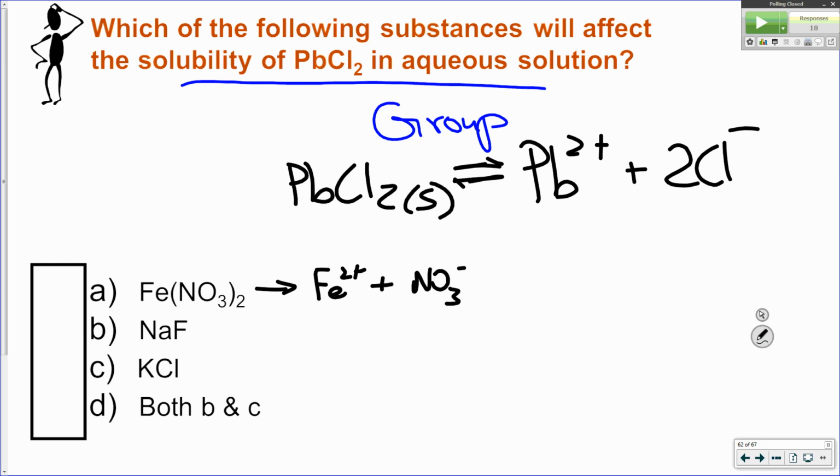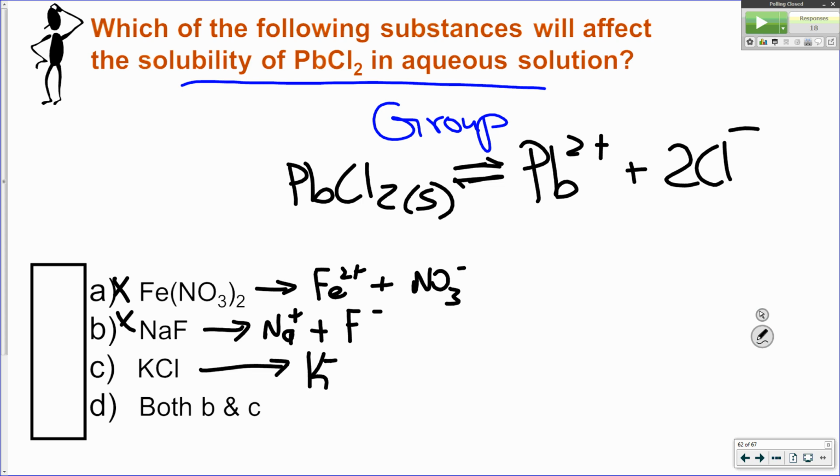Neither one of those has a significant pH effect, and neither is a co-ion in this. So A is out. Sodium fluoride dissociates into the sodium and the fluoride. Neither one of those is a co-ion. Okay, so this is actually a weak base, but neither of these are affected by pH, so the base doesn't have an influence. These are out.